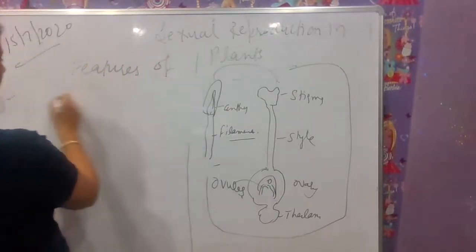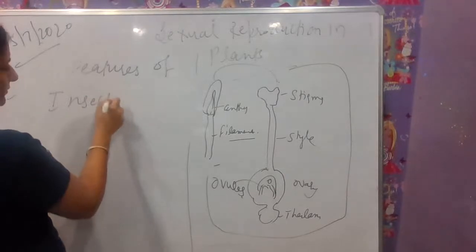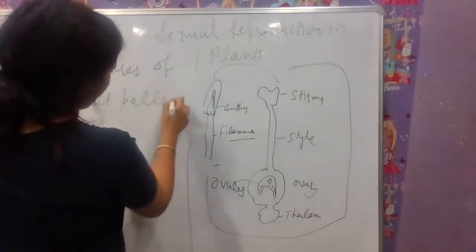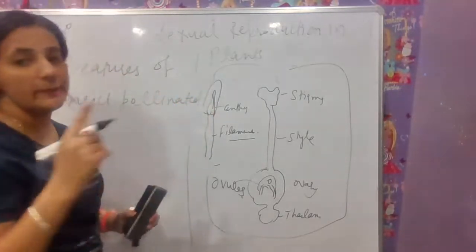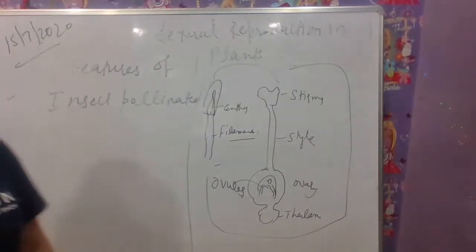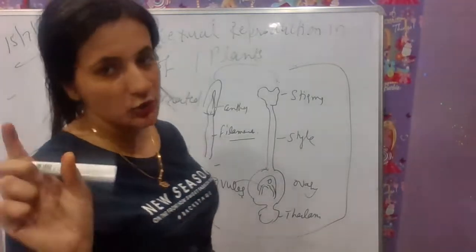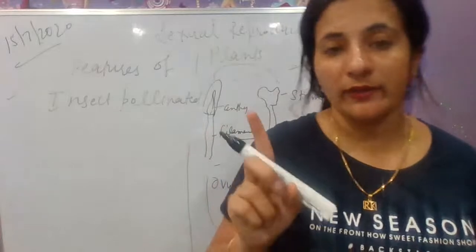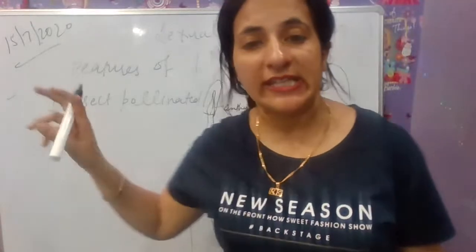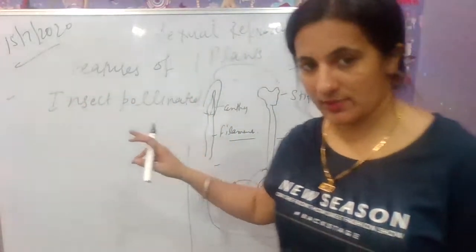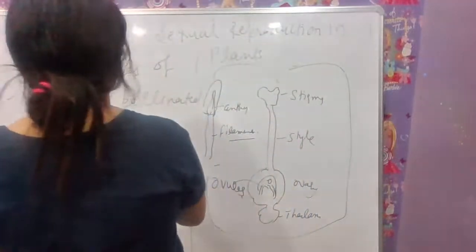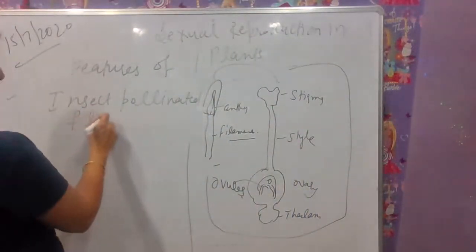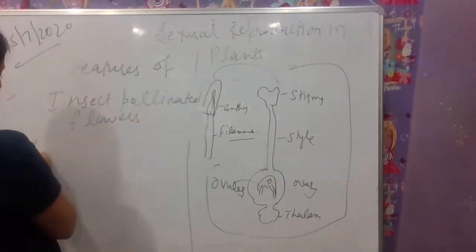Features of insect pollinated flowers. Beta, these are very, very important. Many times they ask this question as a short answer type: what are the features of insect pollinated flowers?